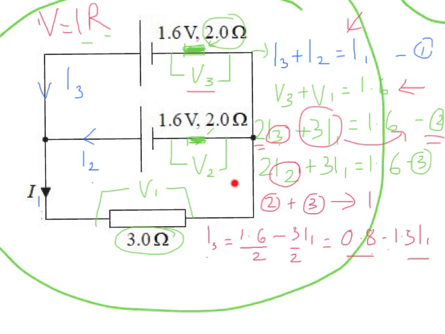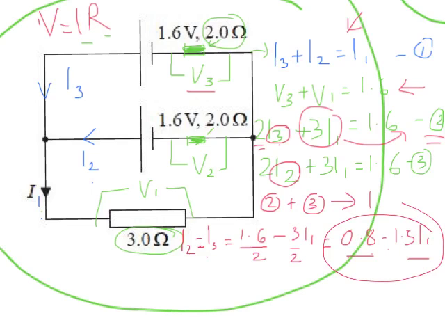And this would do exactly the same. So if I rearrange this equation, I would also end up with I2 being equal to the same thing. So I2 equals I3, and both equal 0.8 minus 1.5 I1.